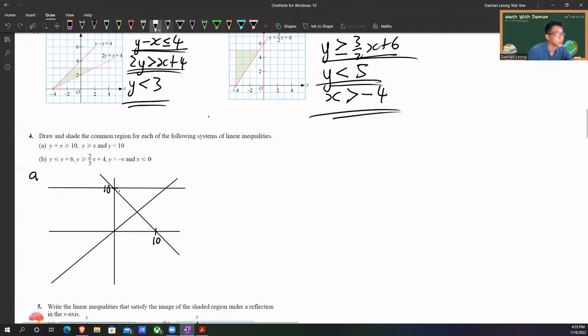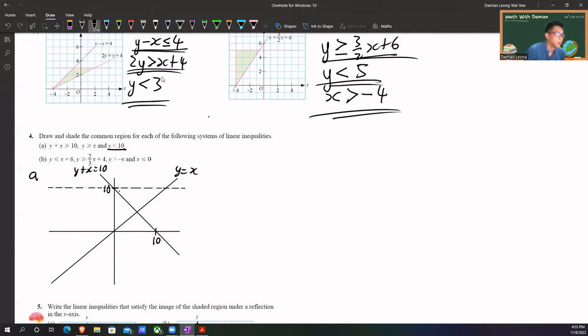Okay, so make sure that it is a dotted line. Then shade the common region. So below this line, okay, so all of the parts below here, y more or equals x, y equals x is this one. This is y plus x equals 10.